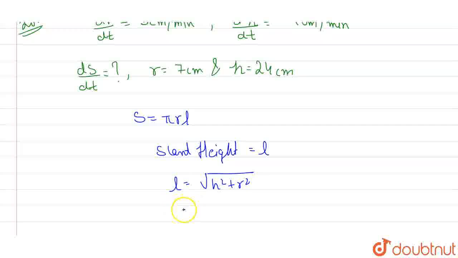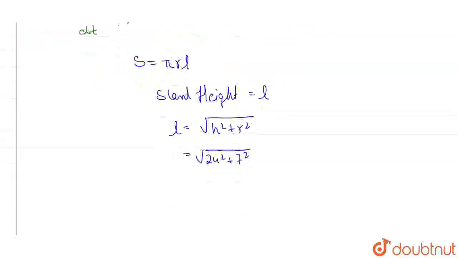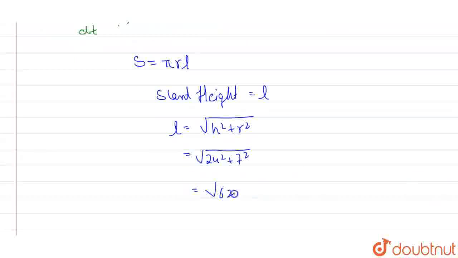So this will become 24 square plus 7 square, and the square will come out as 625. So the value of L will be 25 centimeter.